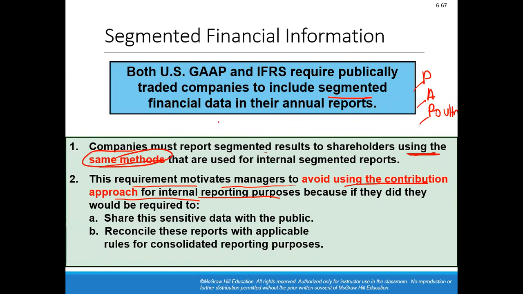Try to understand. If you have the reporting in the absorption costing approach and the reporting in the variable costing approach, which one is better representative of the company financials, variable costing or the absorption costing?